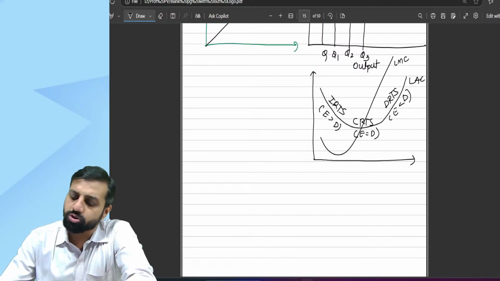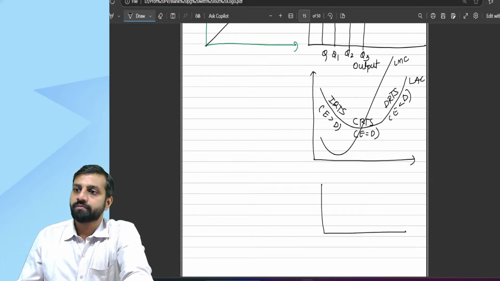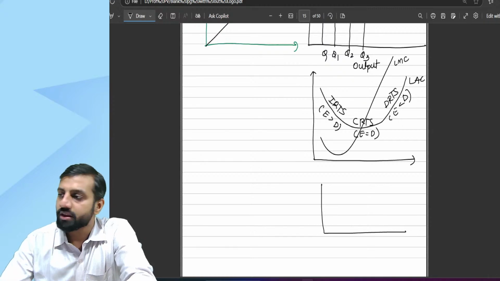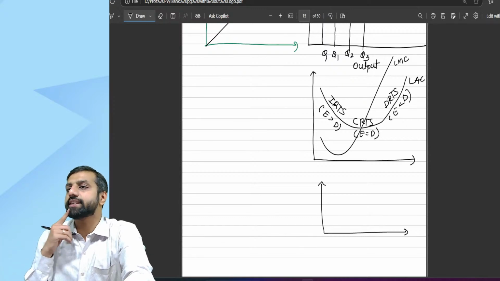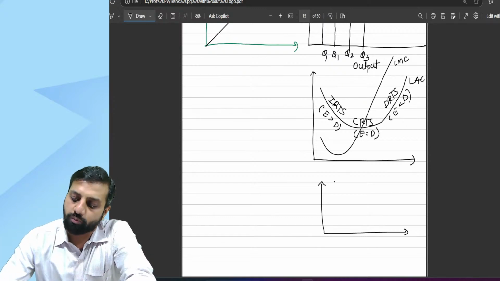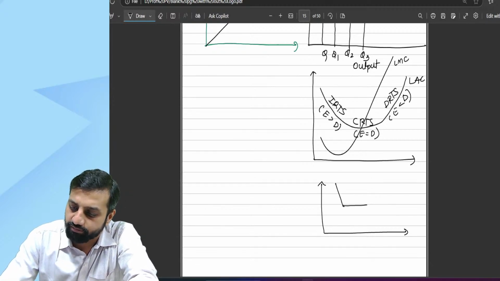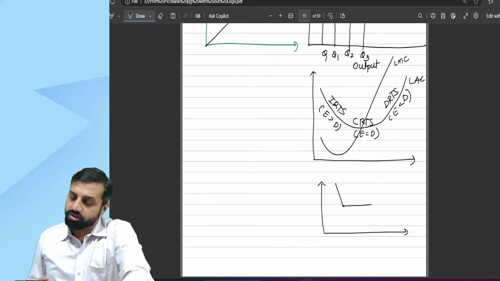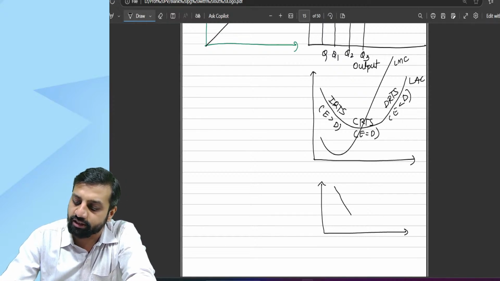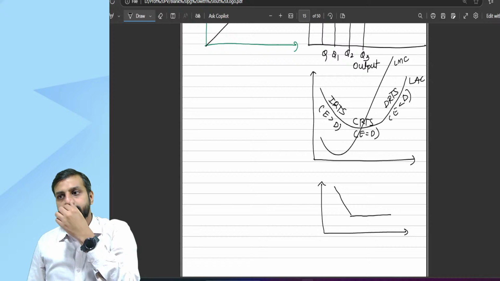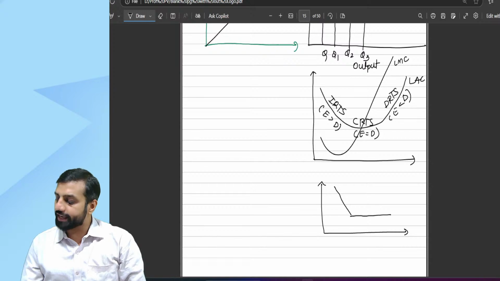Now, will we produce on the rising part of the LAC curve? Should we produce at the rising part of the LAC curve? Because the rising part of the LAC curve would mean higher cost. So modern economists suggested an L-shaped curve because they believed that producers will not produce at a higher cost, and that technology in the long run will change.